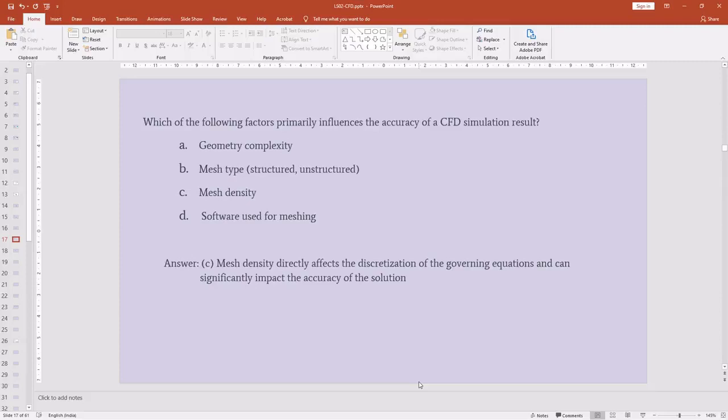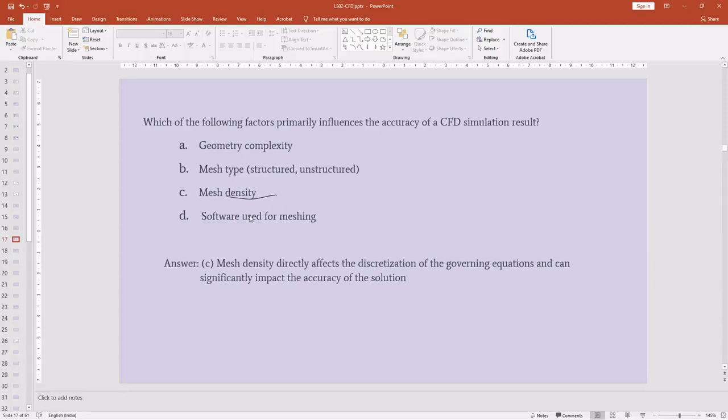Here, all these four things influence the CFD result, but most importantly the mesh density.